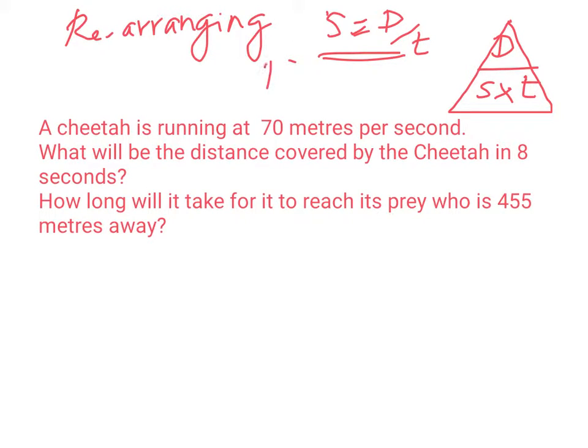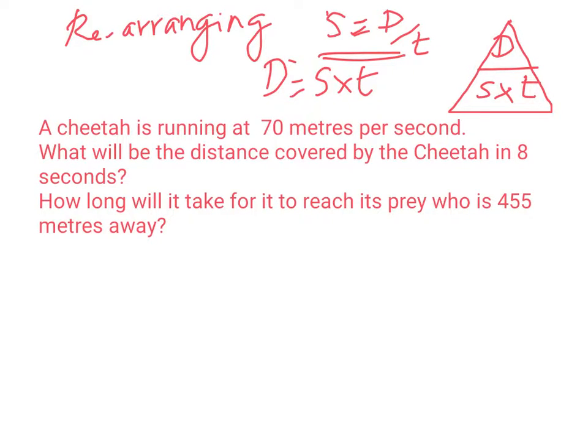So distance is speed times time, or make sure that you remember how to use a triangle. In this case, the d goes on top, and the speed times time that you multiply together goes at the bottom of the triangle, and you draw a line to separate them.